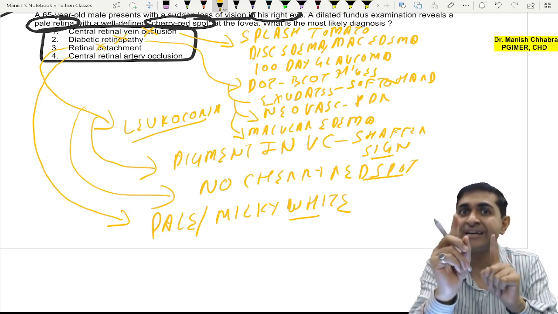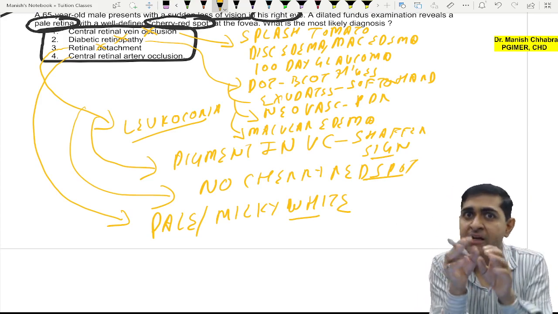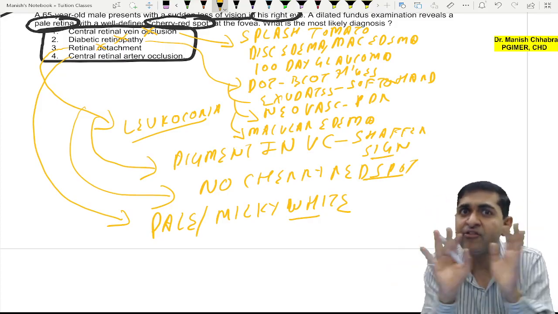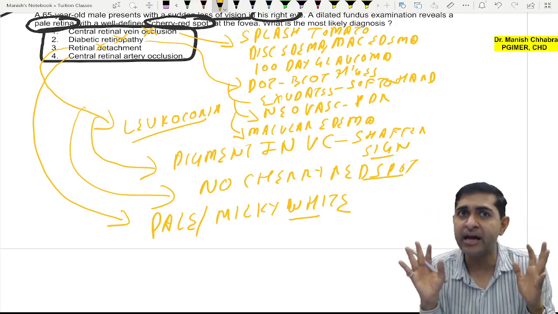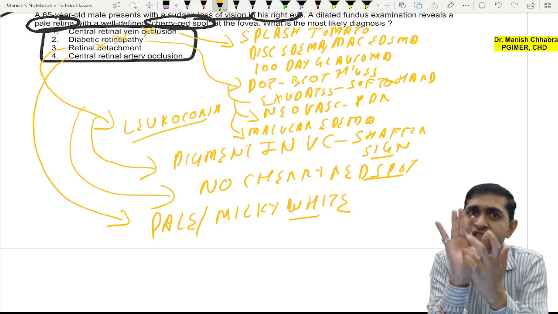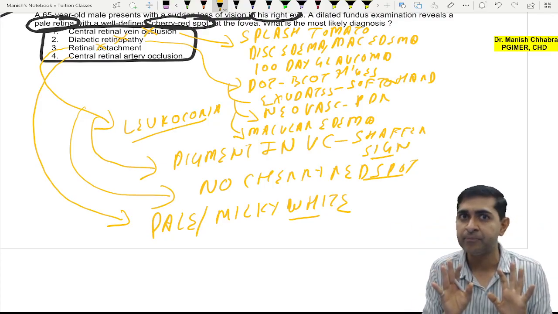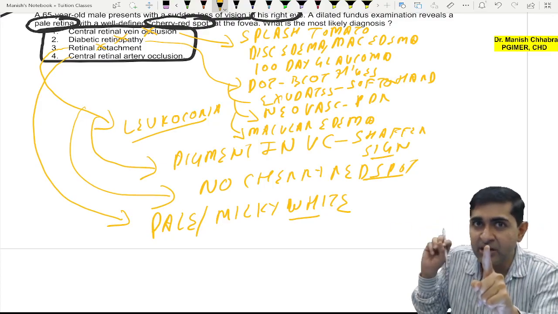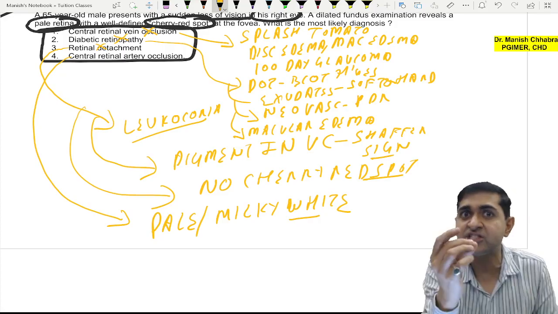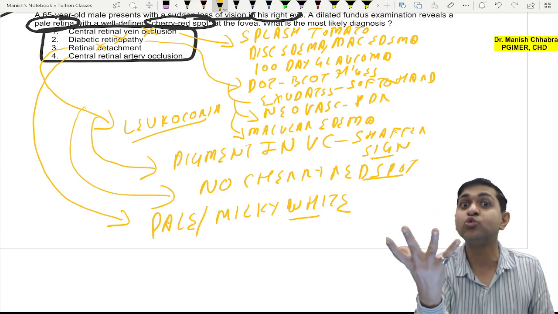That is why a contrast difference will be established. But normally when the retina is fine, there is blood supply, the retina appears red, and if you try to appreciate the cherry red spot, you will not be able to because of the surrounding red retina. But when there is a pale or milky white retina, this cherry red spot which is present at the macula stands out.